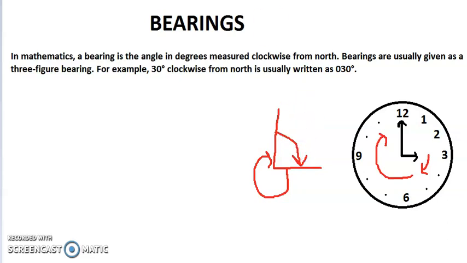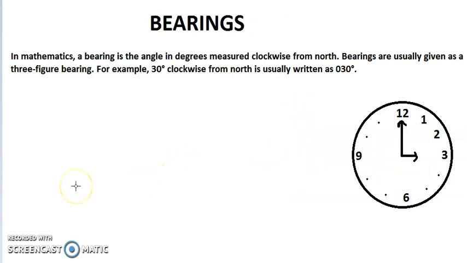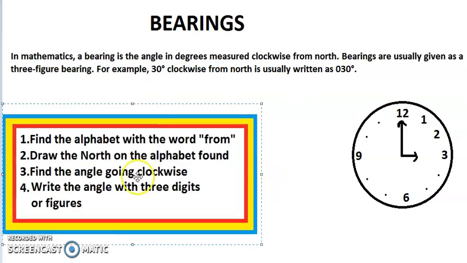Okay, anyway, so now I'm going to discuss how to actually find out the values of bearings. So these are the basic points. The first thing is you need to find the alphabet with the word from. Now this word from is very prominent in the chapter of bearings. The second thing you need to do is draw north from the alphabet that you found. For example, the alphabet that's with the word from, you draw a north.